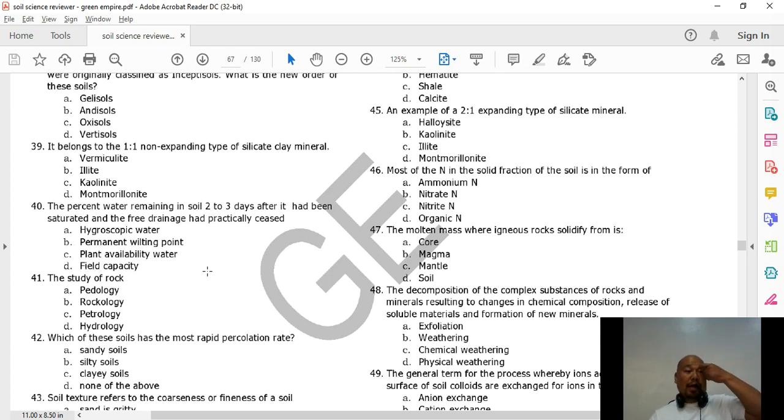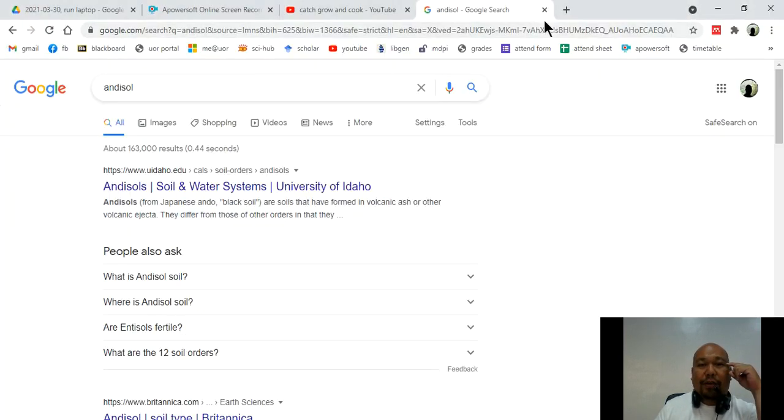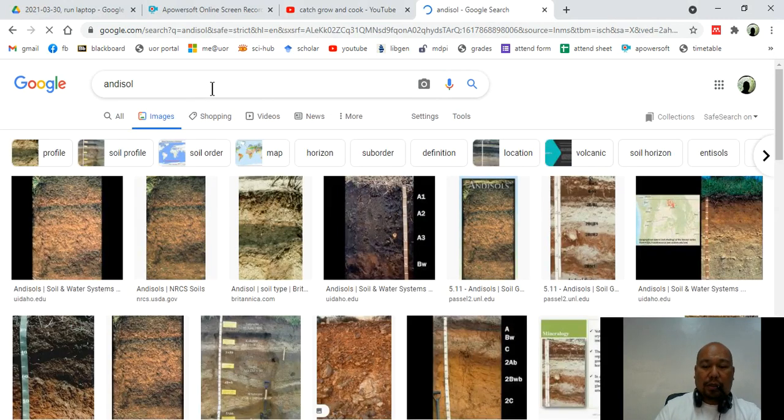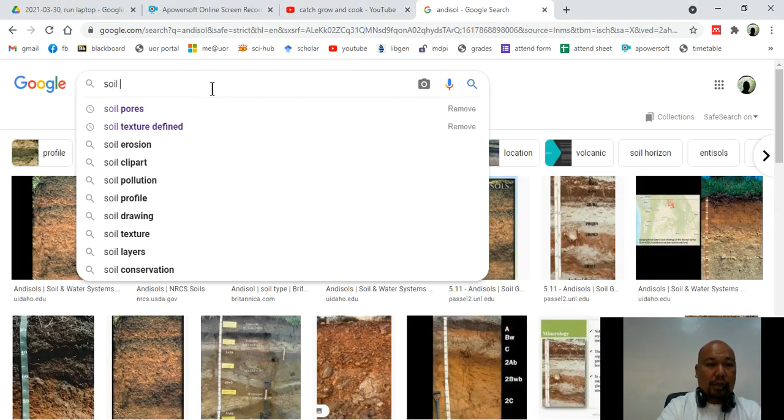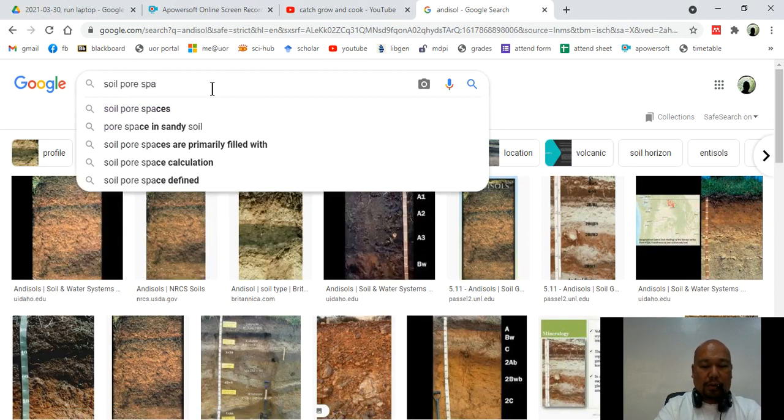If I may elaborate on this one. Water can only occupy the pore spaces. Let's try to find a figure of soil pore spaces.